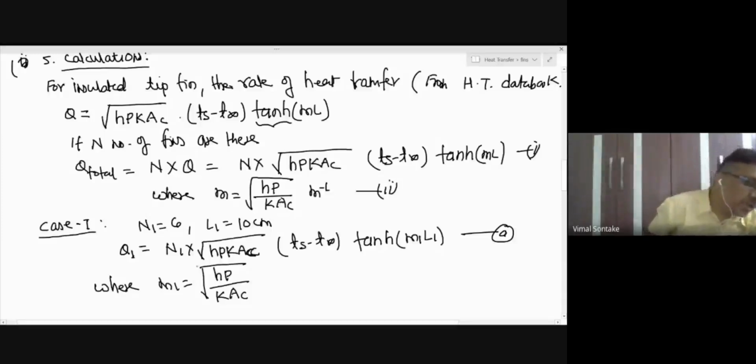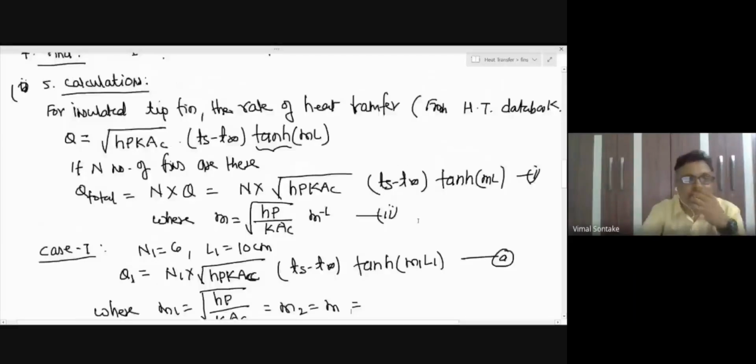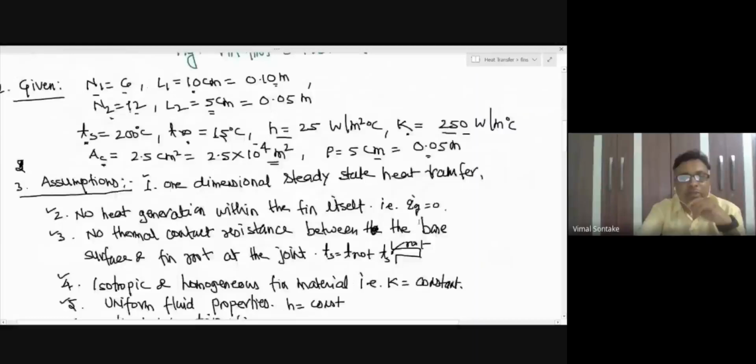Let me check whether I have taken the correct values or not. So this parameter is also going to remain the same. Okay, m1, because h is same for all the fins, P is same, k is same, Ac is same. So m1 is equal to m2 is equal to m. The value of h is 25, k is 250, Ac is 2.5, and P is 5 centimeter.